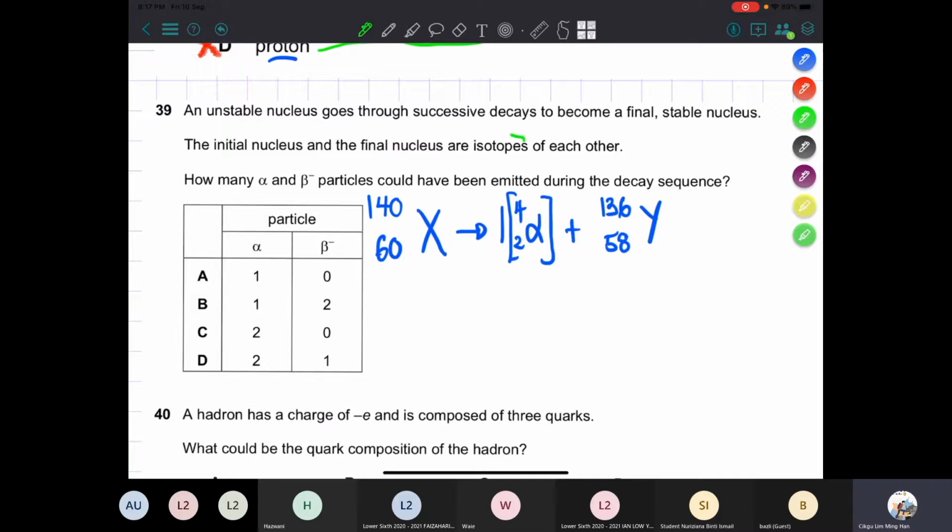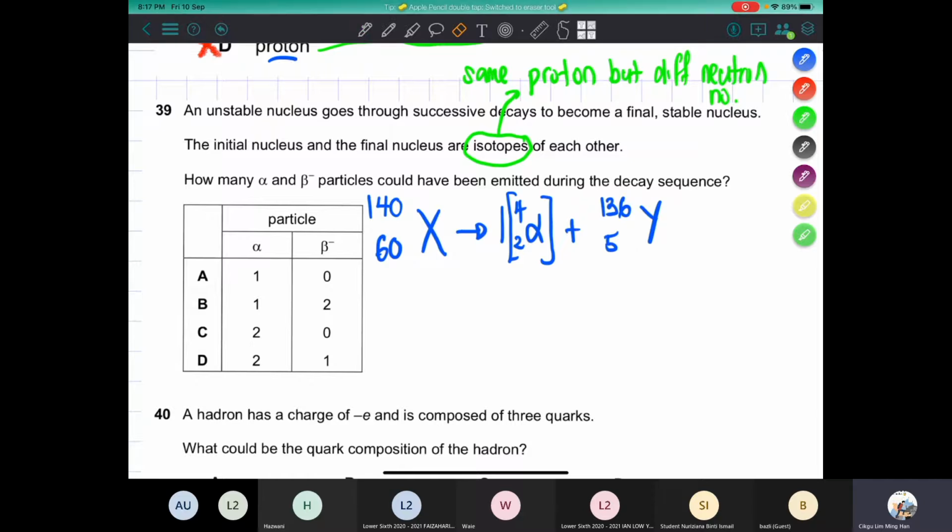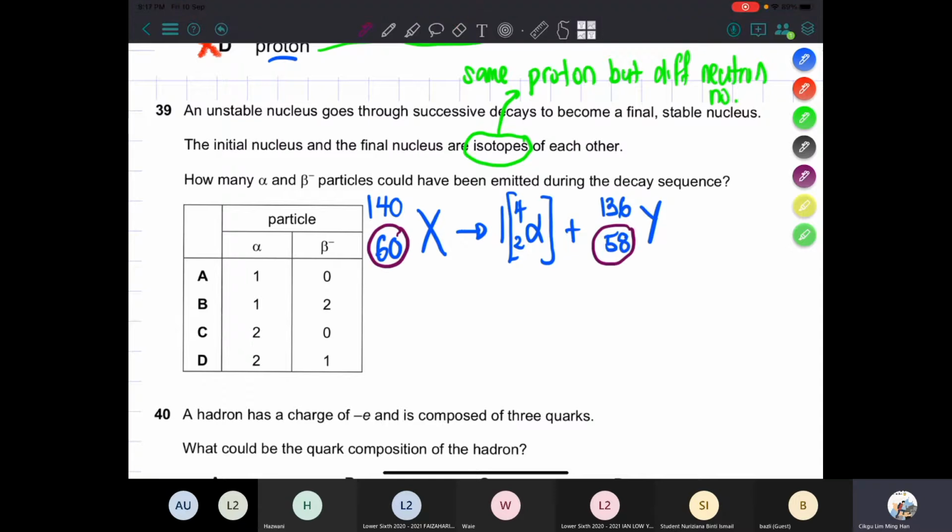Isotope is the same proton number but different neutron number. In other words, this one and this one must be the same. So for this case, A is incorrect.